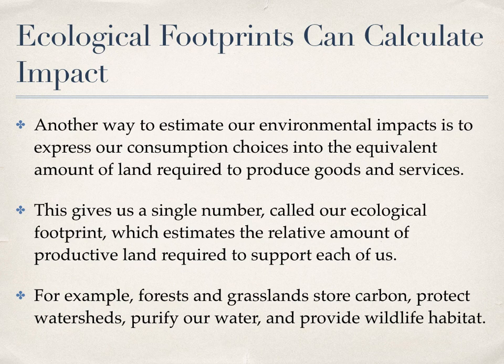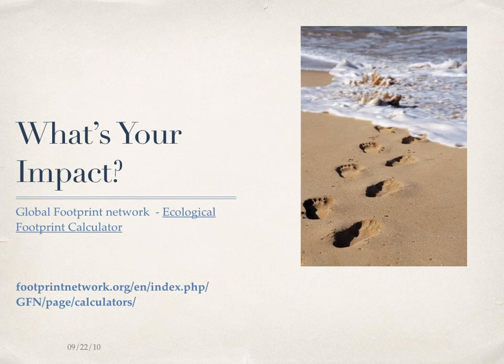For example, forests and grasslands store carbon, protect watersheds, purify air and water, and provide wildlife habitat. If you have not had an opportunity to check your personal environmental footprint, you can go to the Global Footprint Network and calculate it. I have pasted the link into this slide.